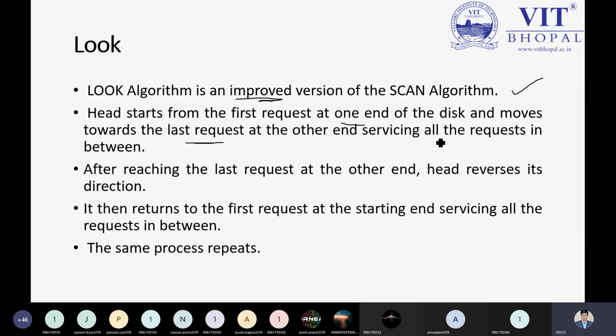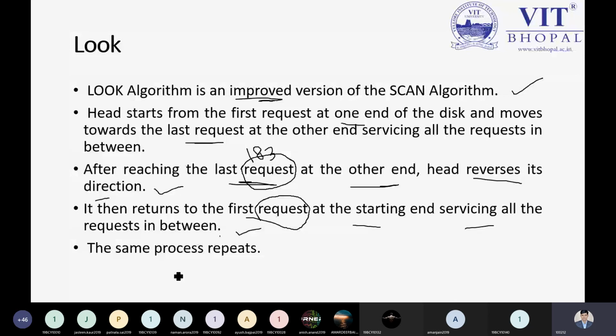So I'm just coming to my point. After reaching the last request, not the last endpoint, please keep in mind it is the last request, and that was 183, not the last end. Okay, the head reverses its direction and then returns to the first request, serving all the requests in between, and then the same process we will repeat.